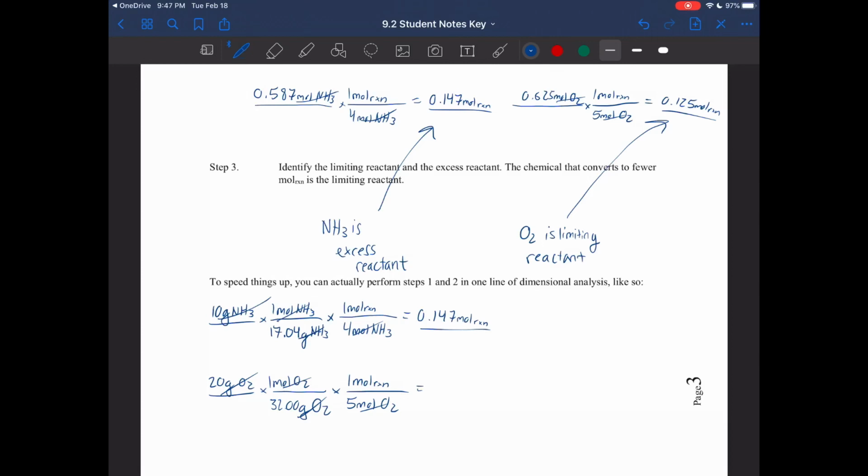Then in your calculator, you do 20 divided by 32 divided by 5 to get 0.125 moles of reaction, the exact same numbers as before. So I like this method better because it's just faster. If you feel shaky with longer dimensional analysis problems, it's fine if you do it in 2 steps, as long as you get the right answer and you feel comfortable with that.